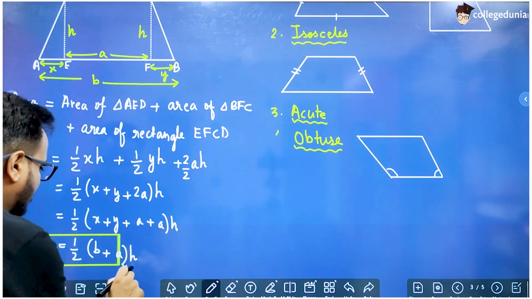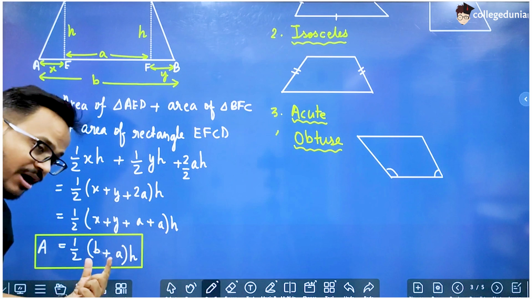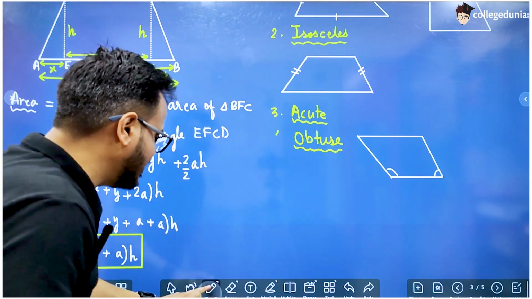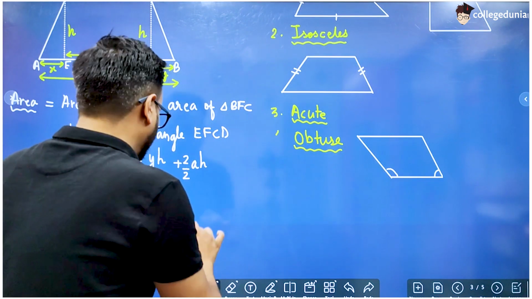This is a very common and important formula in mathematics. So the area of a trapezium is half into the sum of the parallel sides into the distance between the parallel sides. This formula can be remembered in this form.